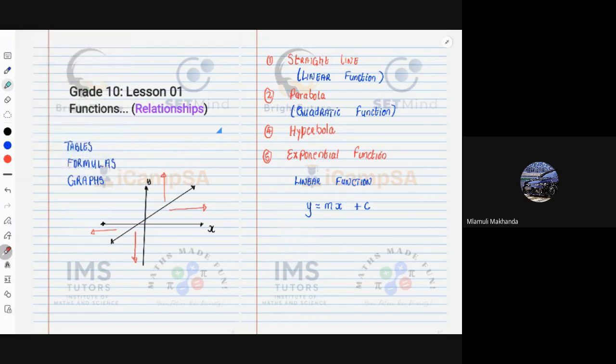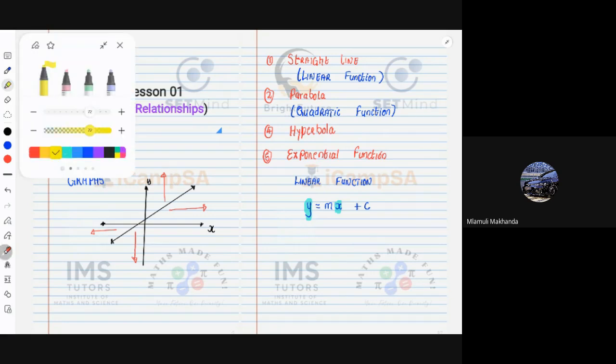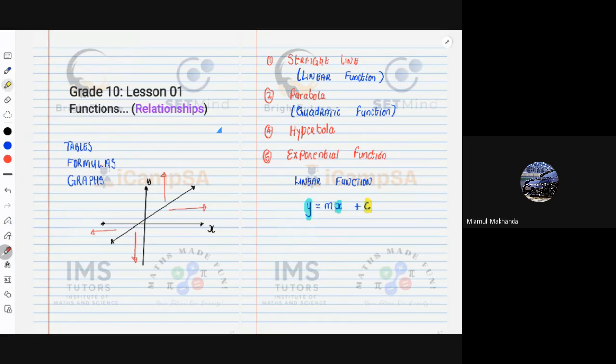Maybe when x is increasing, y will also be increasing, or when x is decreasing, y will also be decreasing. So this is what we're dealing with here in this linear function. We do have this c here. So the c basically represents the y-intercept.